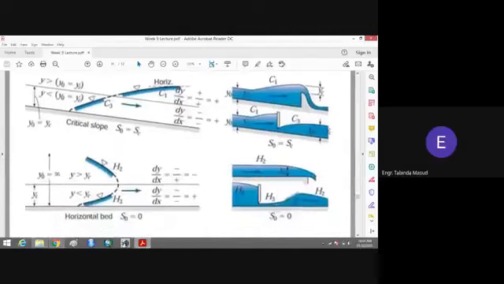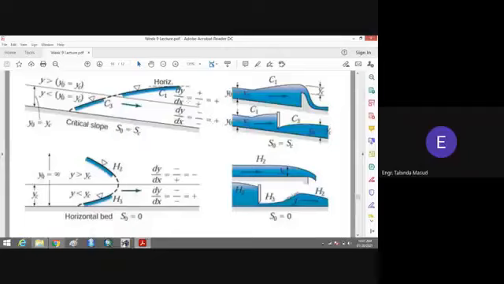Here we have an example of the critical slope. I already told you that for critical slope we have only two zones, zone number 1 and zone number 3, and this line is the normal depth line as well as the critical depth line. So the equation shows that we have positive values in both the zones, meaning we always get a backwater curve in both the zones.